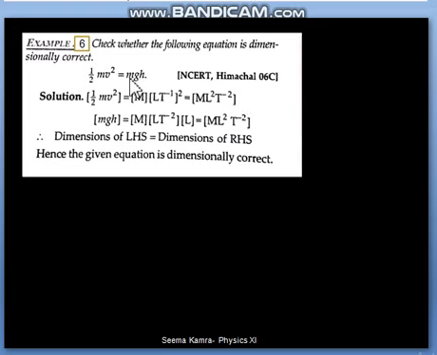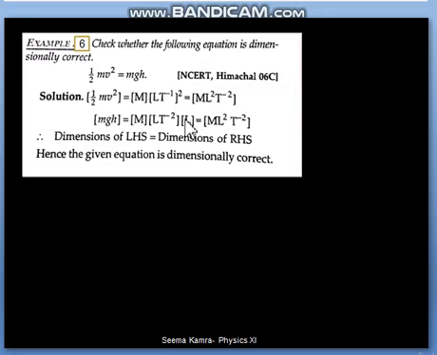Then RHS, mgh. Okay, m means m1 mass, g, small g is gravitational acceleration. So acceleration formula L1 t minus 2 we will apply. And then last is height. Okay, what you will write for height? Height is length only, so we will write L1.